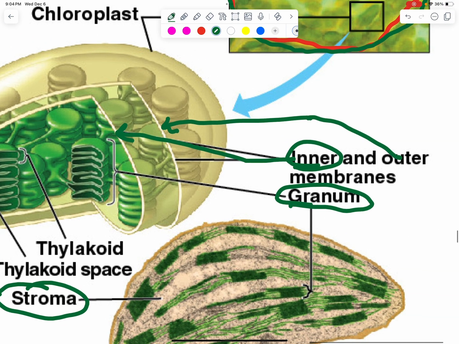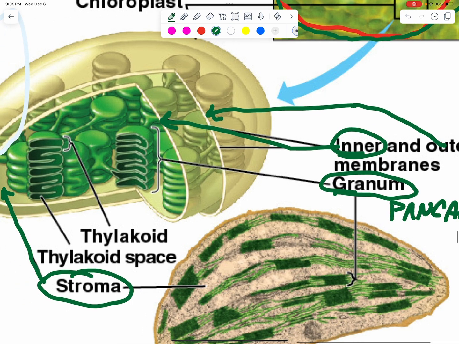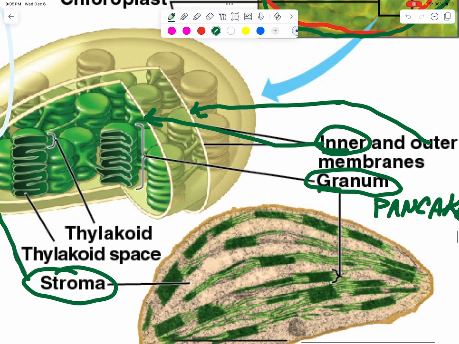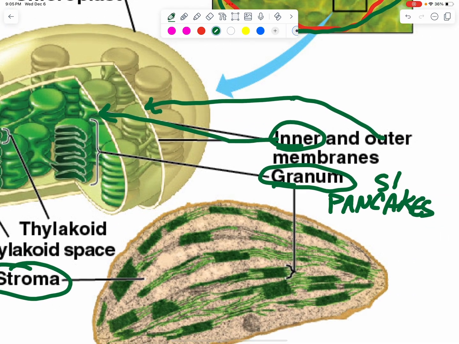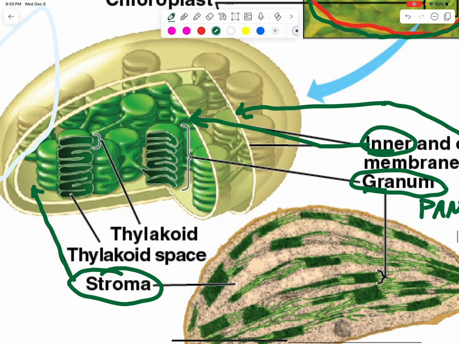You know, the granum looks like a stack of pancakes. So this is a stack of pancakes, as you can see right here, or Thin Mint cookies from Girl Scouts, right? And the entire sleeve of pancakes or cookies is called the granum.